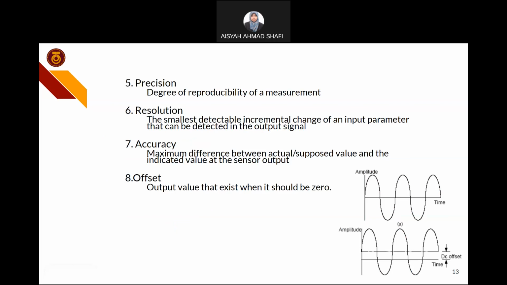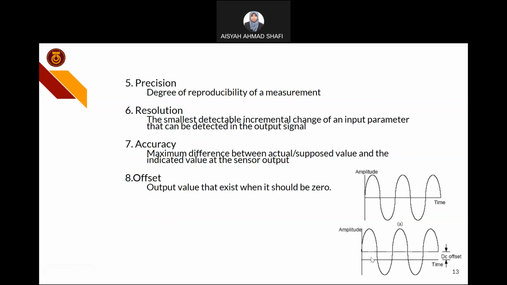If the measured output has a similar value to the actual value, it is high accuracy. And offset is the output value that exists when it should be 0. So this is an example of the offset.